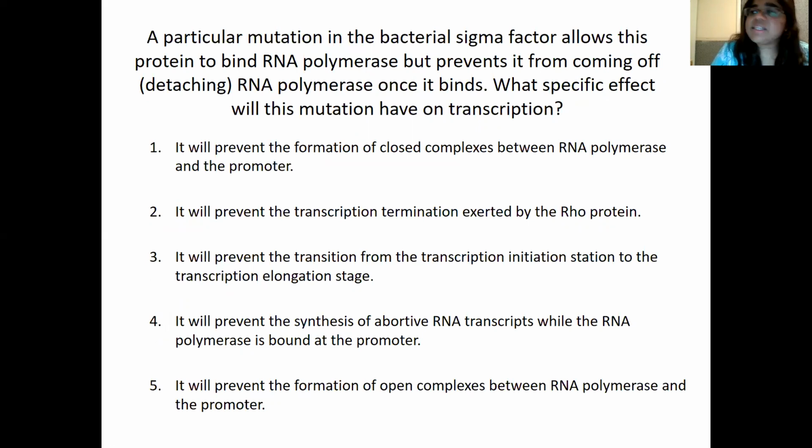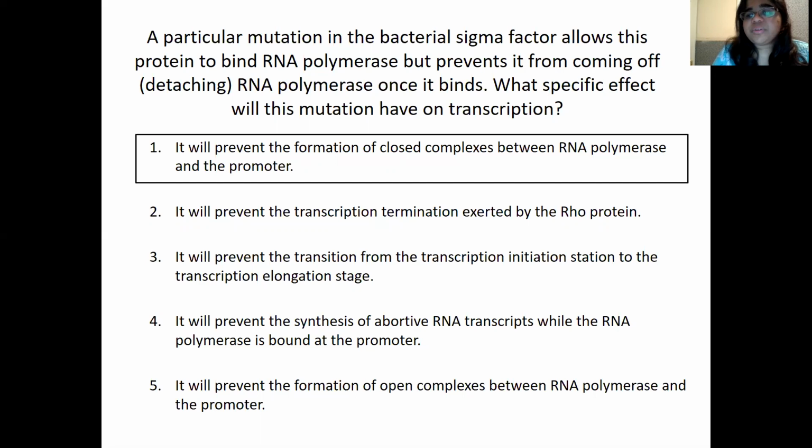In this question, it is asking what happens with the sigma factor itself. It ends up preventing the formation of closed complexes between the RNA polymerase and the promoter itself, right? Because we know the core polymerase and the sigma factor have to bind together to meet the recognition site.